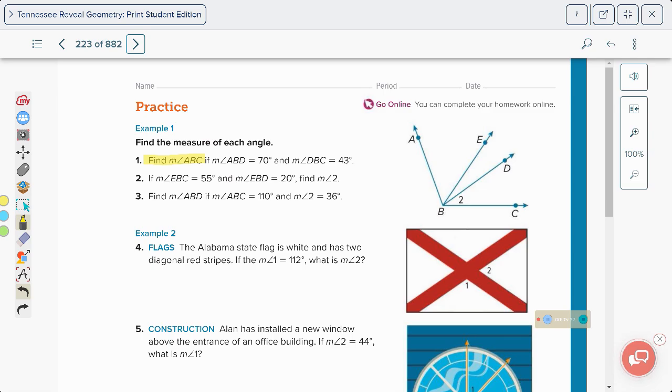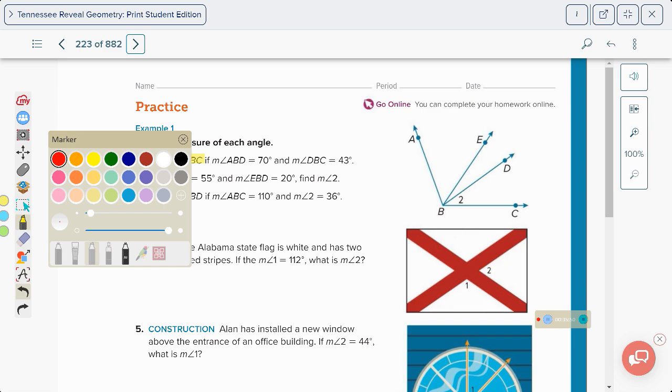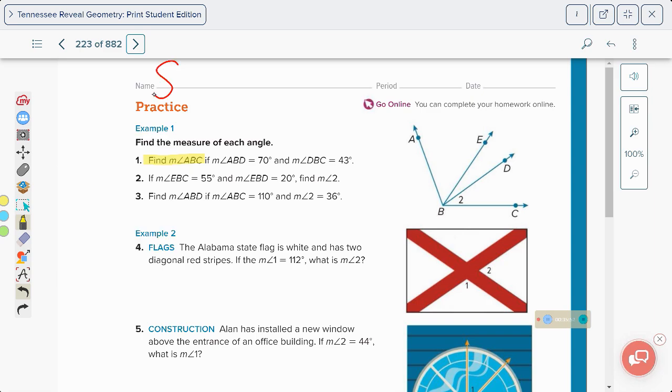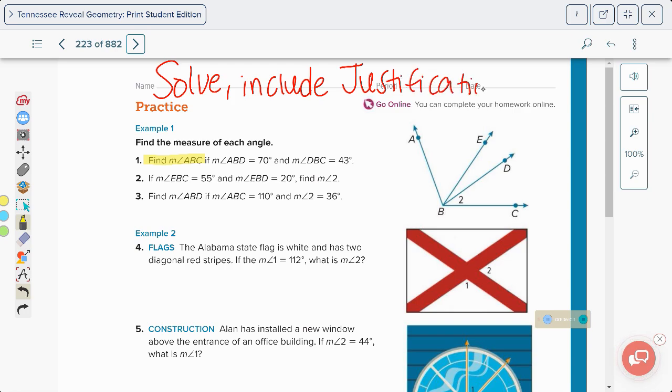Find maybe a postulate, a theorem, anything at all that we have highlighted, or a property, anything that you could use to prove why your equation is correct. So not only solve, but also include a justification for each of your equations.